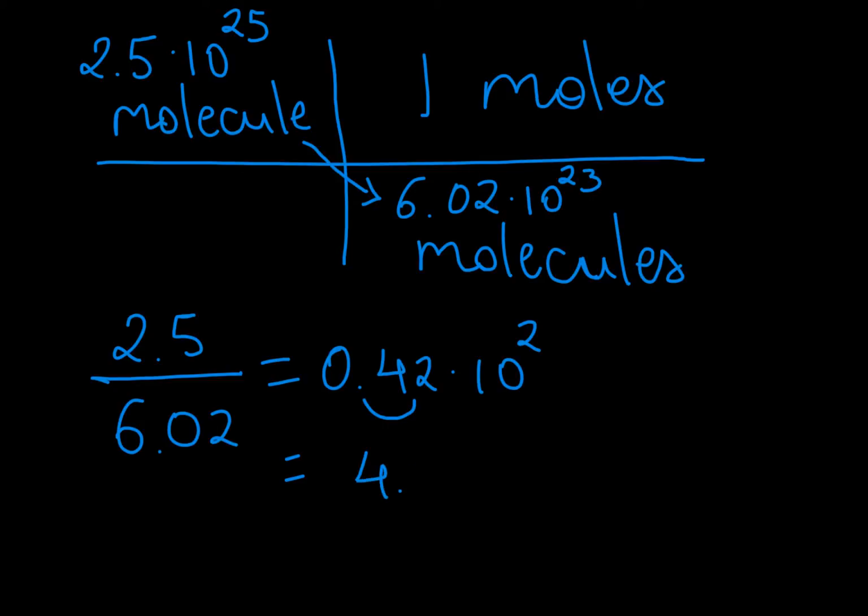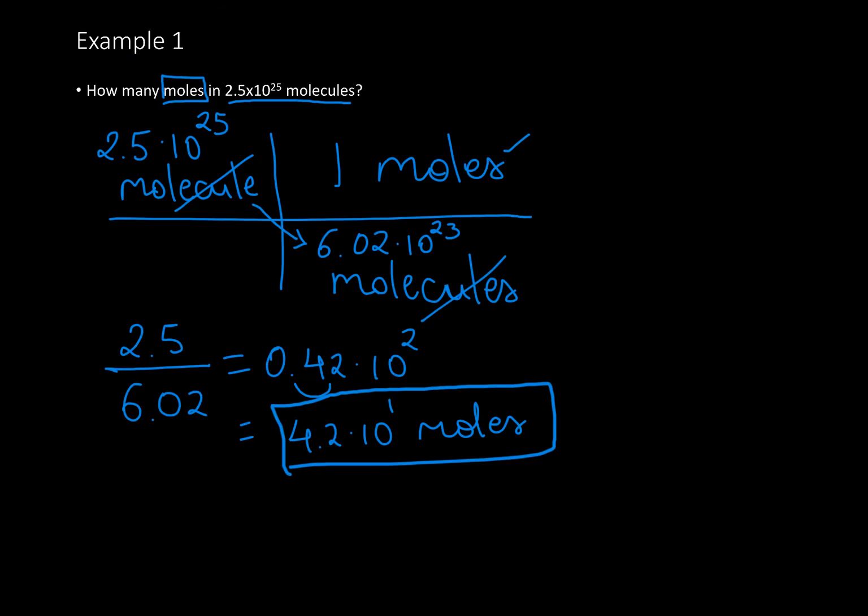So this becomes 4.2 times 10 to the first power, and that's how many moles you have, because molecule and molecule got cancelled, and so the only unit you're left with is moles, which is what was needed from this answer. Alright, so this is what the answer for this problem looks like.